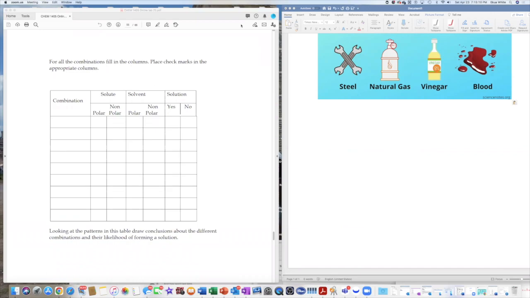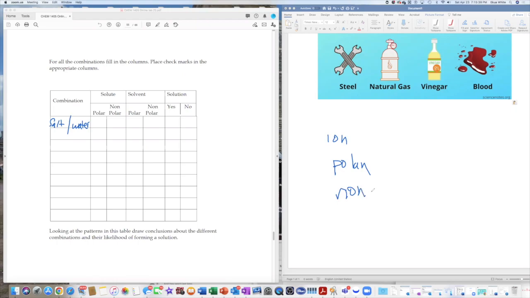Okay, so my first one, when I'm filling this out, oh, right here. Now I see the problem. My combination is solute and solvent. So my solute was salt. My solvent was water. And then it says the solute is what? Now remember the options were ionic, polar, and non-polar.